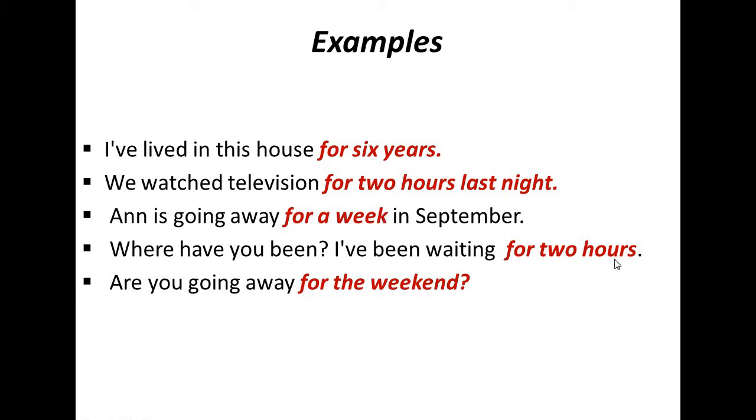How long? 2 hours. Are you going away for the weekend? If you ask someone if they are going away for the weekend, it means that in the weekend they will not be here, they will be away only the weekend. Okay, so these are related to for.